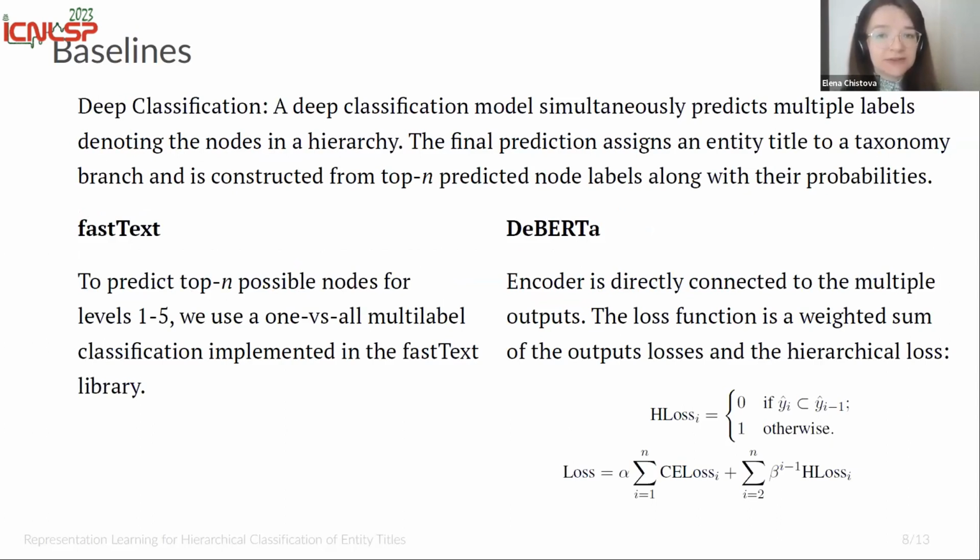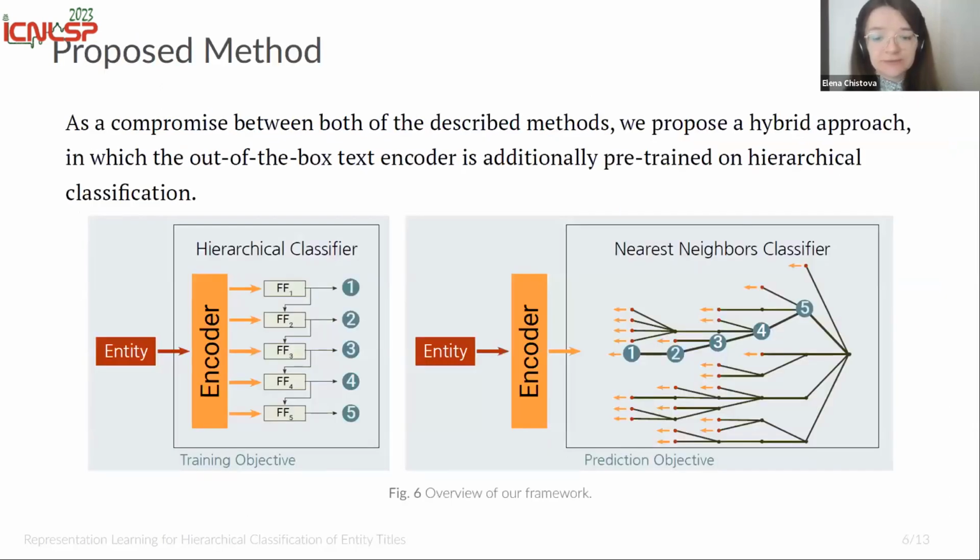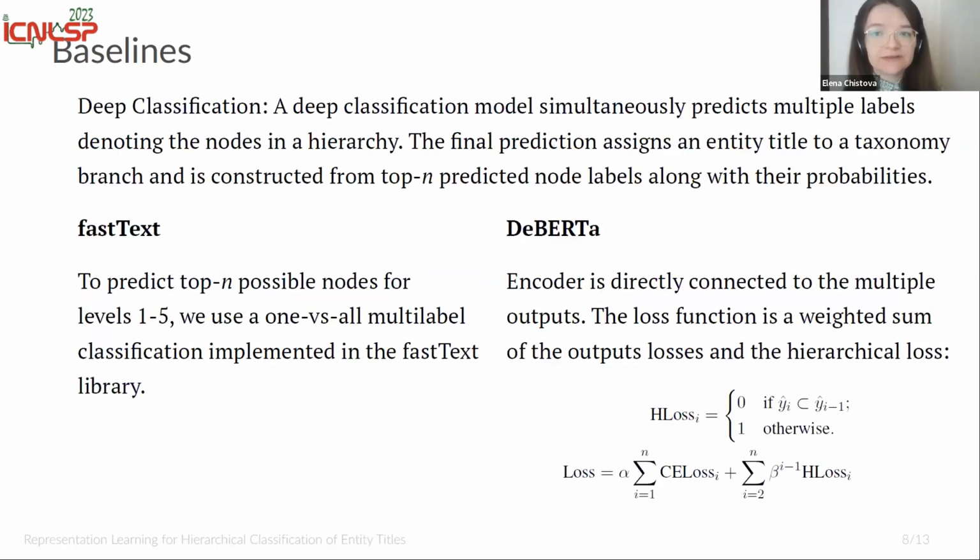A deep classification model, which is depicted in this figure, predicts multiple labels simultaneously, denoting the nodes in the hierarchy. The final prediction assigns an entity title to a taxonomy branch and is constructed from the top-N predicted node labels along with their probabilities.